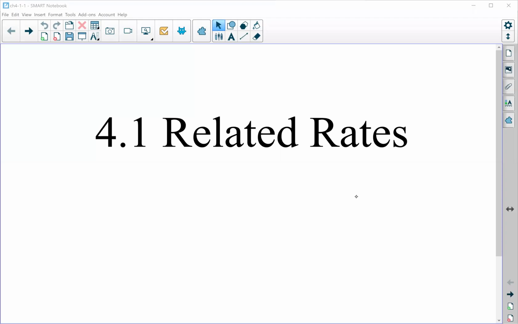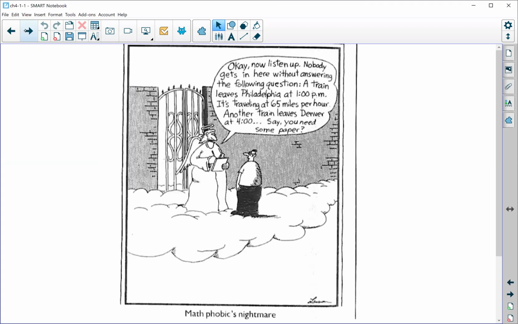All right, so Unit 4 starts our look at applications of derivatives. Now we're going to start with related rates. Related rates are probably like your all-time favorite algebra problems, like this one.